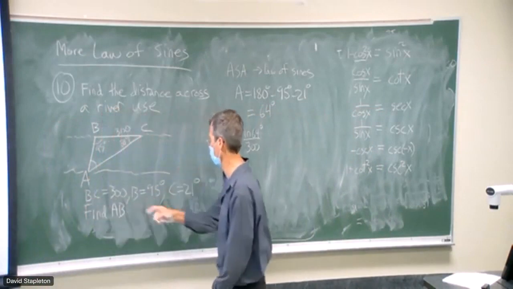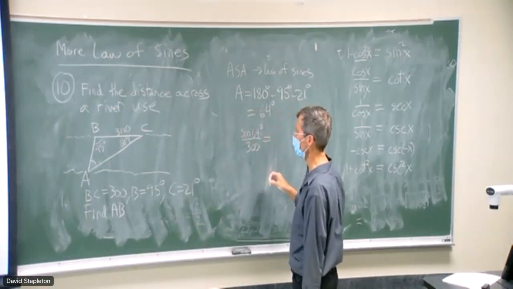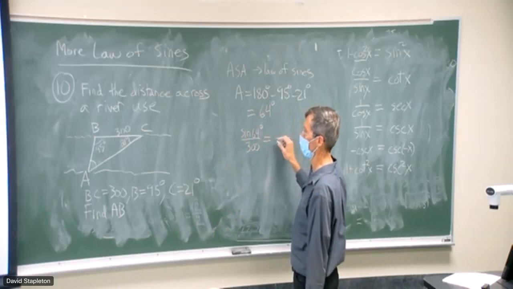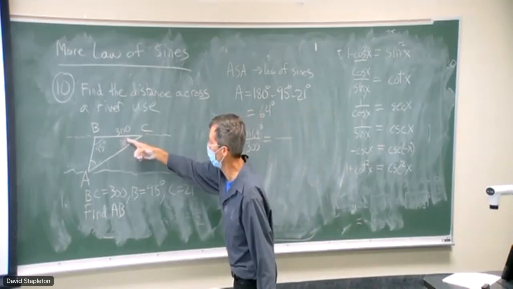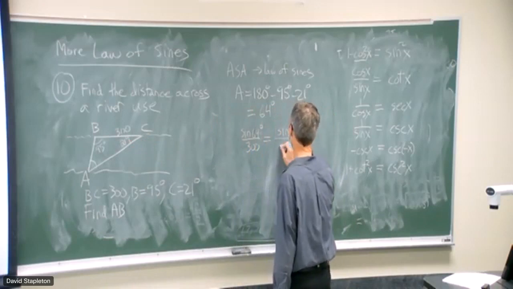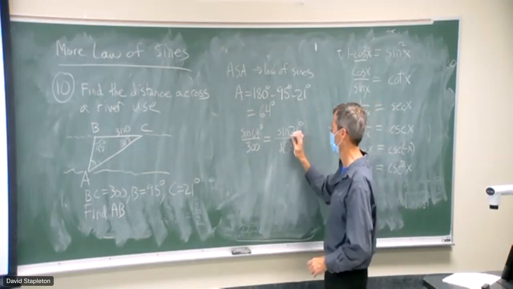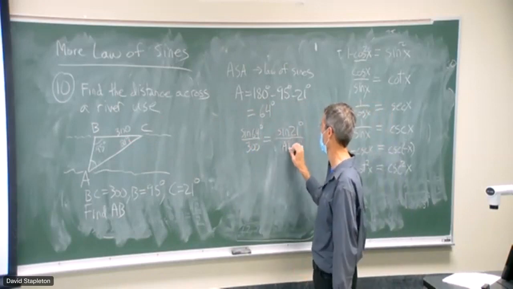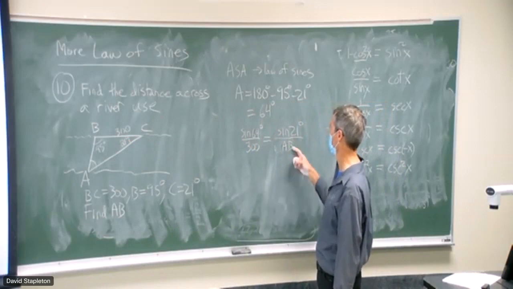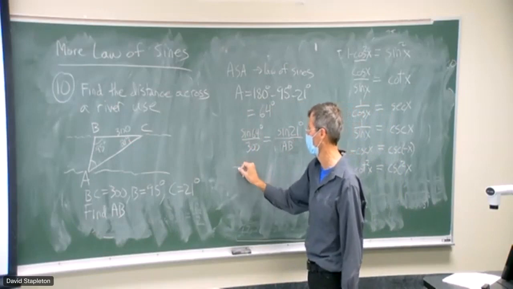So given these, find AB, is as sine of the opposite angle to AB, which is 21 degrees. Let's just write AB. Now you can use reciprocals, or cross multiplication, or some other method.